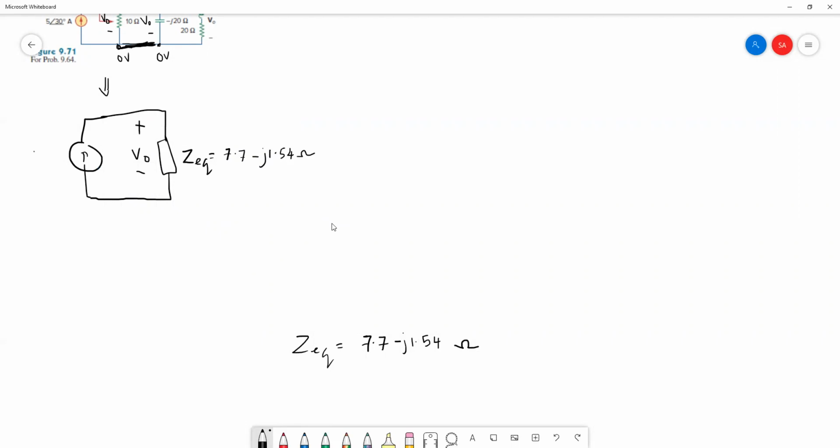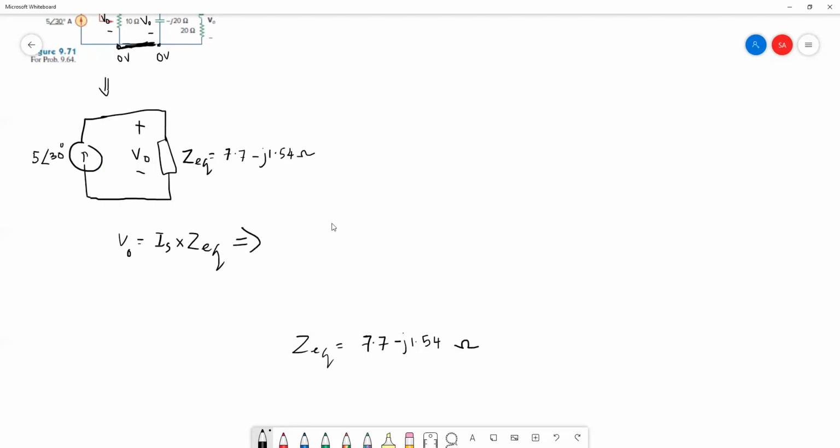And this is a current source with the value 5 at an angle of 30 degrees. The V out you can obtain by multiplying the I source with the Z equivalent, as simple as that.